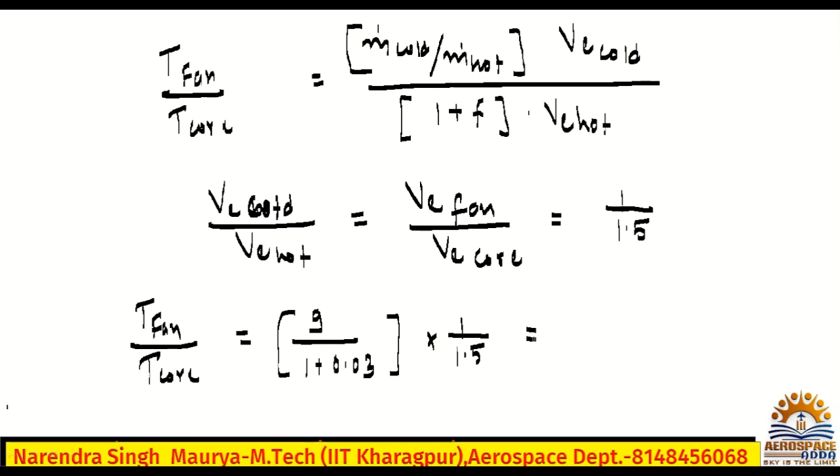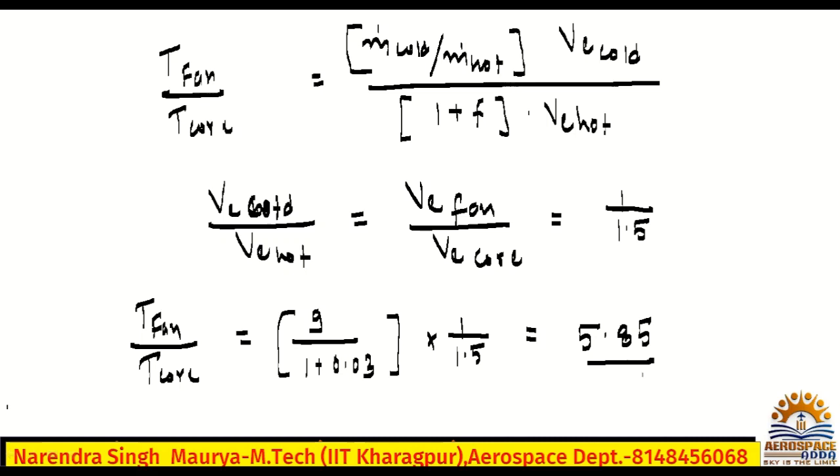We'll calculate this value. Wait, let me check. So 1 plus 0.03, into 1.5, and it is 9 divided by this value. So here we are getting 5.85.